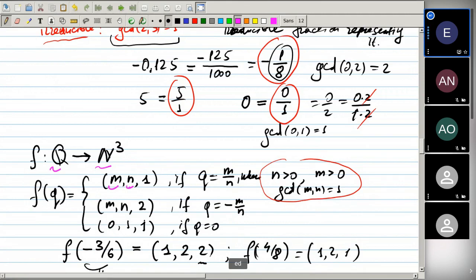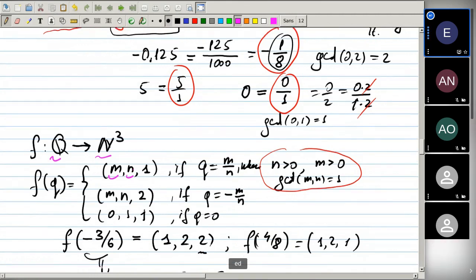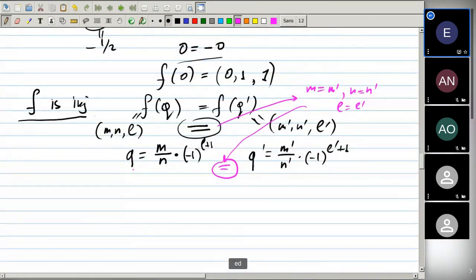So it is not possible to have, say, 2 and 4 here as the value of our function. It is just an injection, but it proves to be enough. This suffices. So we know now that Q is embeddable. There is an injection into N to the power 3. Do you agree?